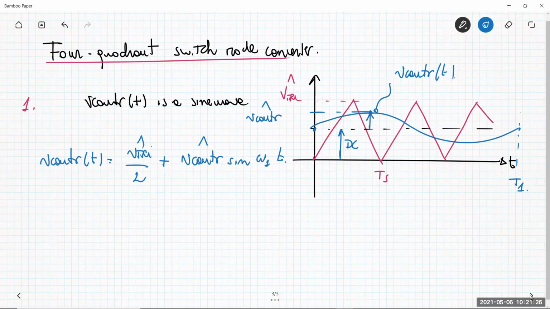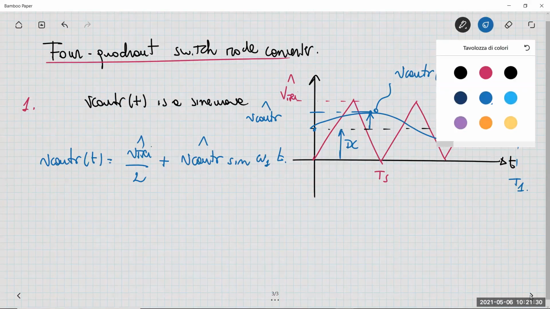This is my control voltage here. So this is the description of the control voltage we need for this inverter.